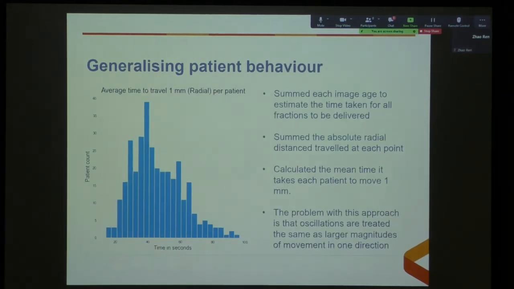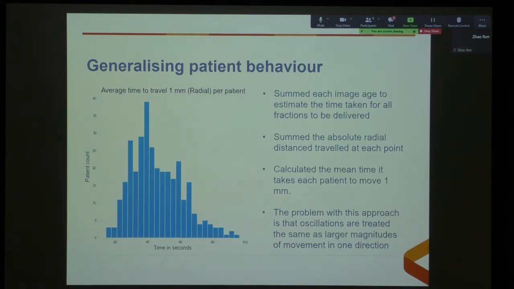Right, so this is actually a plot of the average time it's taken for each person to move 1 millimetre. I put this together the other day because I found it in another paper, and that was the approach they had taken.